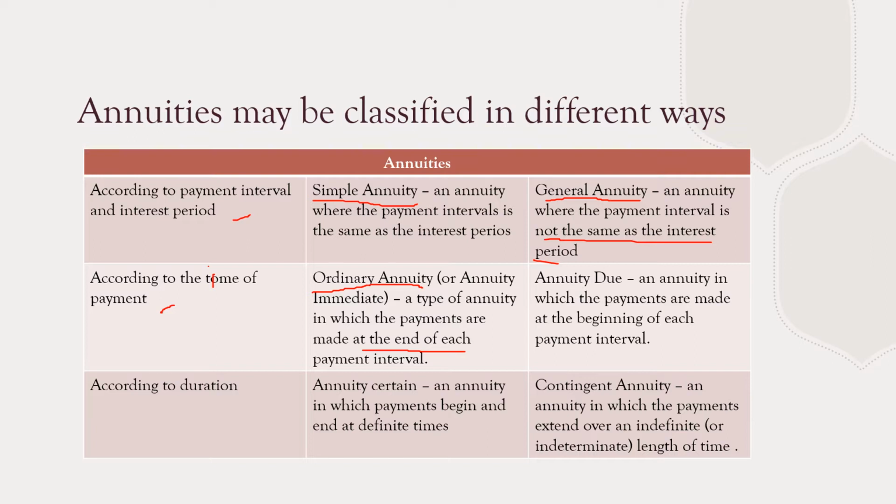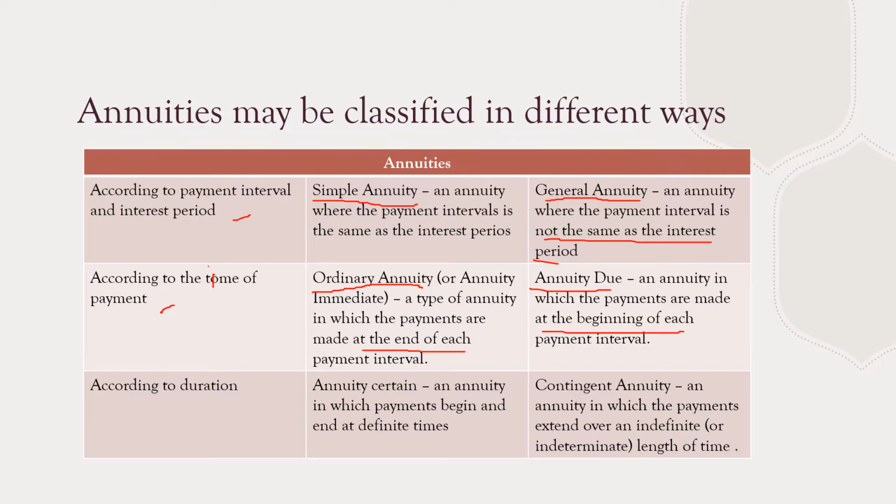Ordinary annuity yun. Payments are made at the end of the payment interval. We have annuity due. Anong pagkakaiba niya sa ordinary annuity? So, annuity due, it is an annuity in which the payments are made at the beginning of each payment interval. So, take note of that.